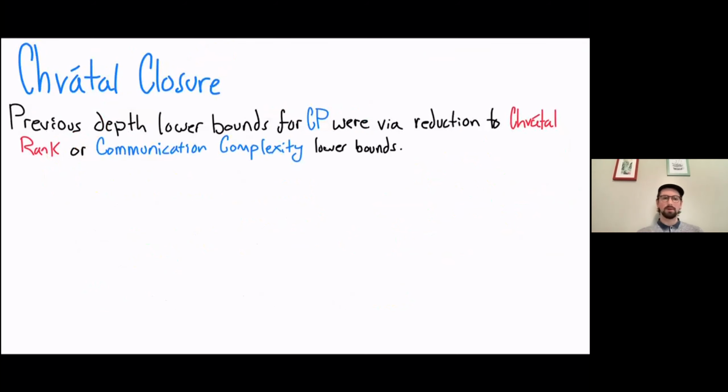So previous lower bounds on cutting planes were proved by either reduction to the Chvátal rank or communication complexity. If we wanted to prove a size-depth trade-off, like a supercritical one, both of these present some problems. On one hand, for communication complexity, there are linear upper bounds.